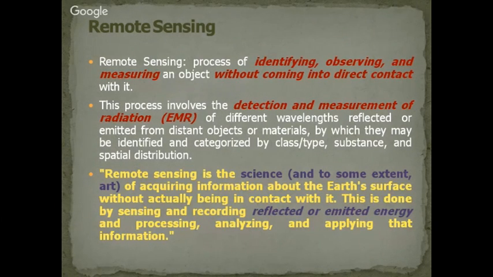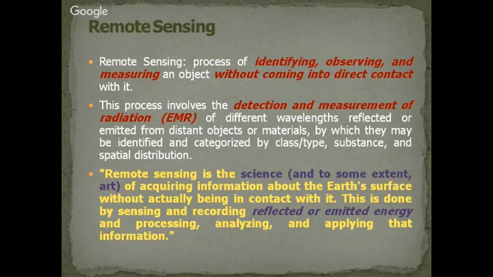And this kind of process usually involves the detection and measurement of different wavelengths, which are either reflected or emitted by various surfaces. For example, in case of Earth system, sun is the prime source of energy, and it reflects energy of various wavelengths. And the process involves the detection, identification, and classification of spectral responses by various surfaces.